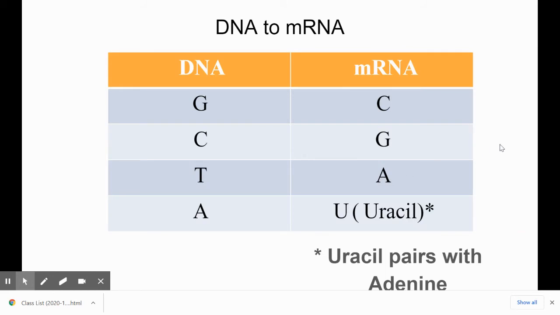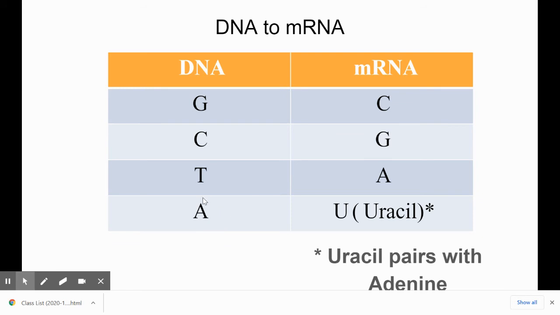One of the tasks you'll have to be able to do is take a strand of DNA and transcribe the DNA into mRNA. If you're given a strand of DNA and the DNA has a letter G, you are simply going to write the letter C for mRNA. If DNA has the letter C, you write G for the mRNA. If DNA has a T, you write the letter A for mRNA.